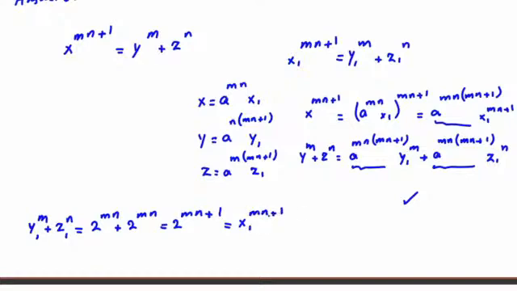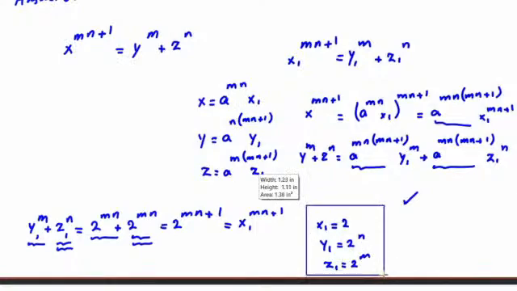So in this case, x1 equal to 2, y1 to the m equal to 2 to the mn, so y1 equal to 2 to the n, and z1 equal to 2 to the m.